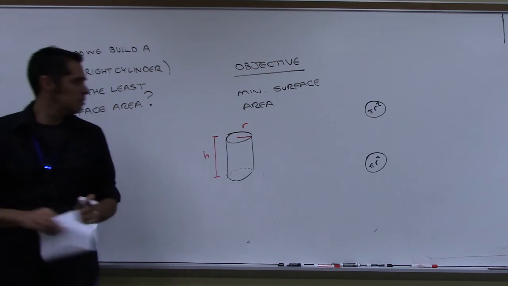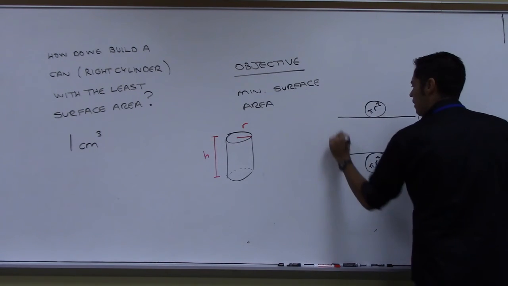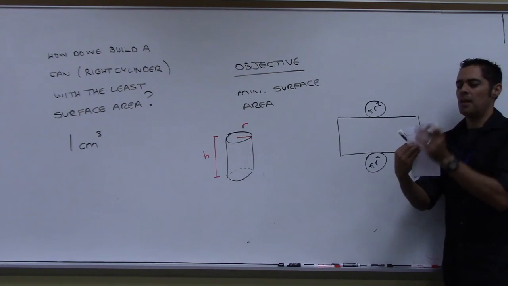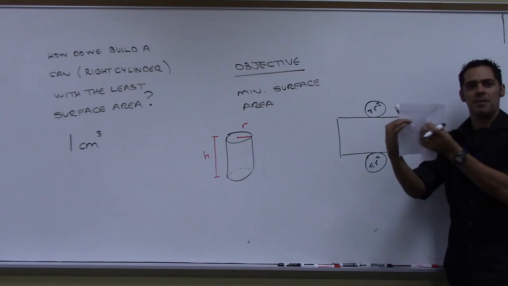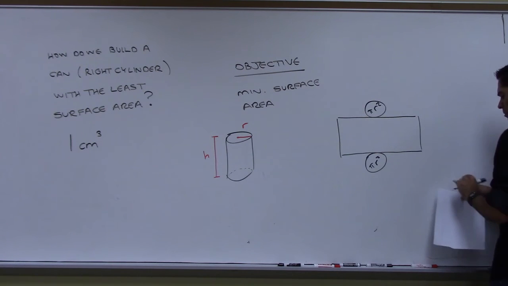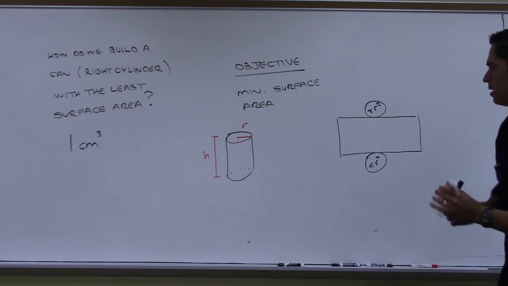A rectangle, yes? There it is laid out flat. So I've cut the tops, peeled them off, cut it up the side, and laid it open. Do you agree that's the can, all opened up? For a rectangle, it's length times width. Do we know any of the sides?